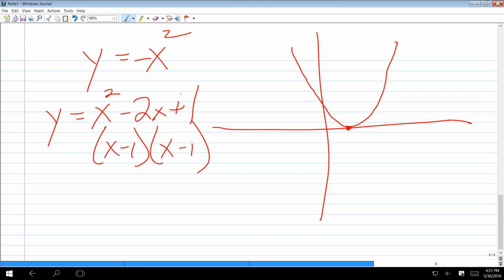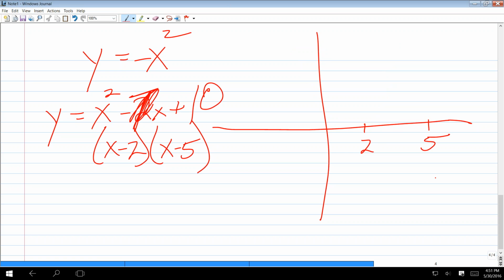But let's say I had x squared minus 7x plus 10. Well, now this doesn't factor. It factors into x minus 2 and x minus 5. And now what that tells me is I have x-intercepts at plus 2 and plus 5.